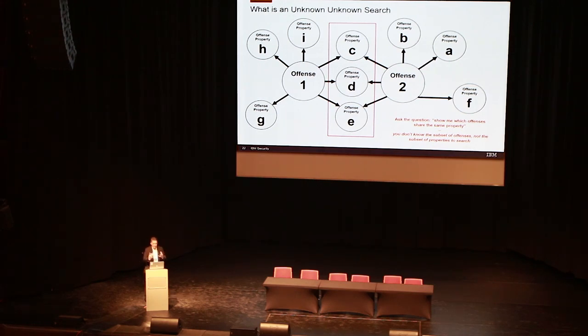That kind of query is quite difficult because there are many offenses around. Each offense has many properties, so asking which ones are sharing the same property is kind of difficult. But with I2, the analyst is able to investigate these things and question the data set with such questions like this.